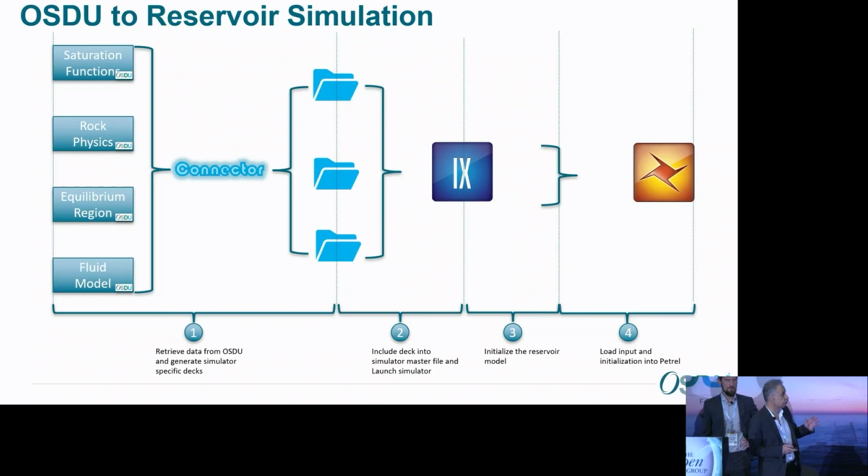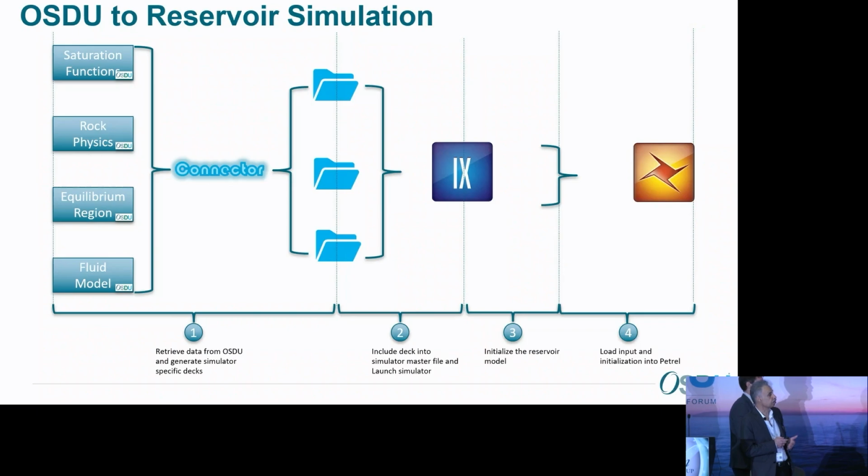We have 4 short videos for you. In the first one, we have developed a Python connector that reads the data from OSDU and generates simulator-specific files, decks. In the second part, we add those files, which were generated by the connector from OSDU data, into the simulator master data file and trigger the simulator.